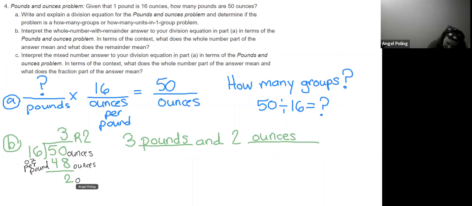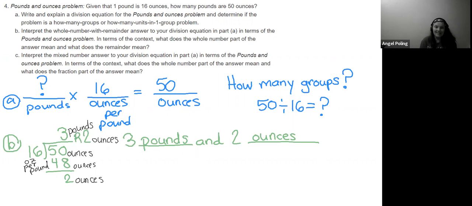And therefore, all that's remaining is ounces as well. And then again, your top value was your groups. And we already identified that the 2 was our ounces. So the whole number representation of this answer is 3 pounds and 2 ounces.